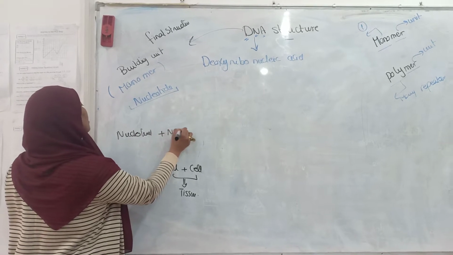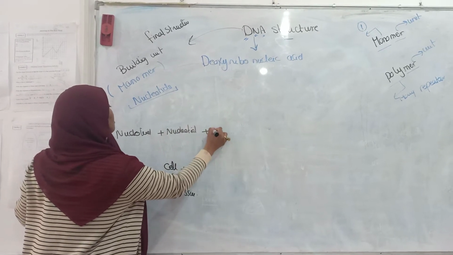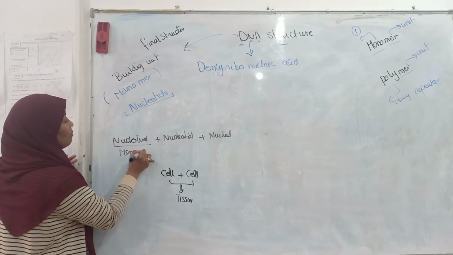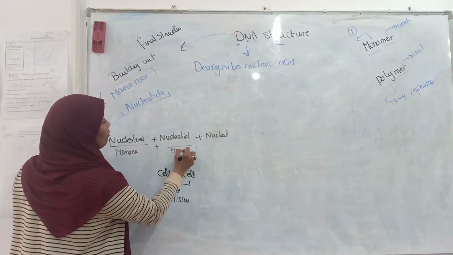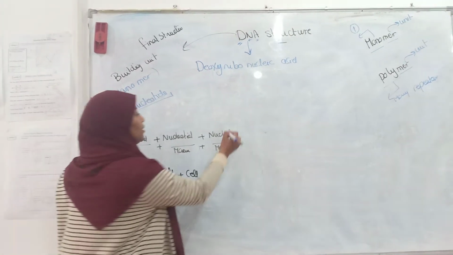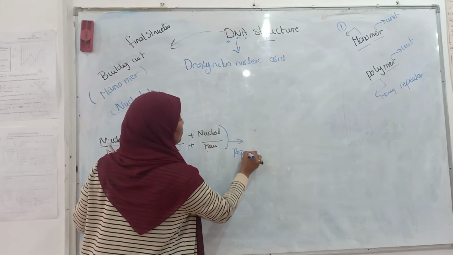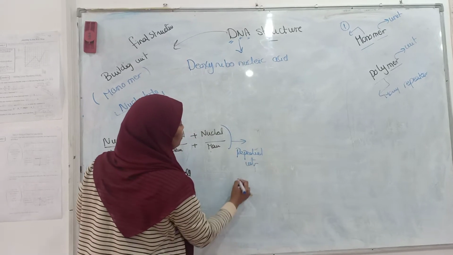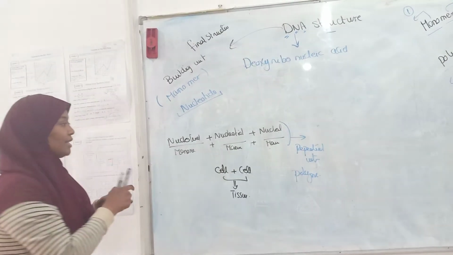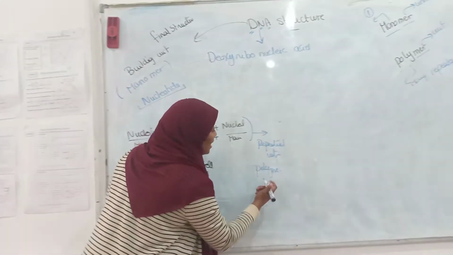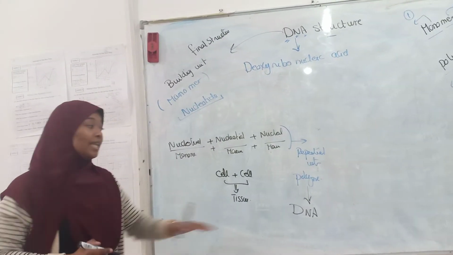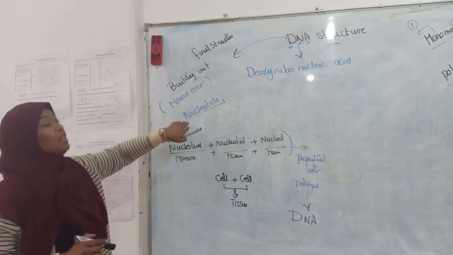One monomer plus another monomer plus another monomer. Those are repeated units, so it will form the polymer. Nucleotide is a building unit, and the polymer of the nucleotide is the DNA itself. So, DNA is the polymer, its monomer is nucleotide.